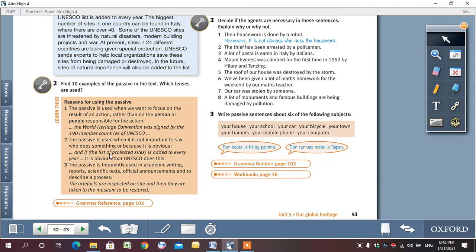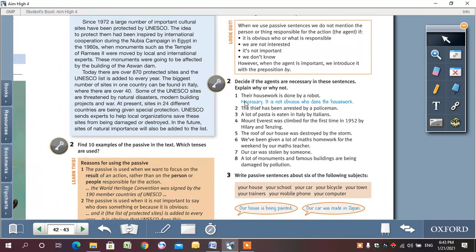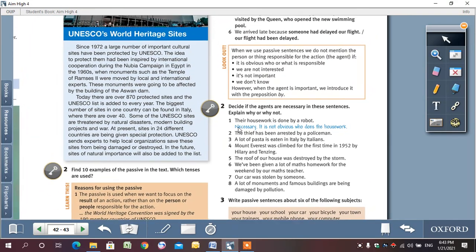The list of protected sites is added to every year, so it's obvious that UNESCO does this. Number 3, the passive is frequently used in academic writing, reports, scientific texts, official announcements, and to describe a process. So the artifacts are inspected on site and then they are taken to the museum to be restored. So these are the reasons for using the passive.